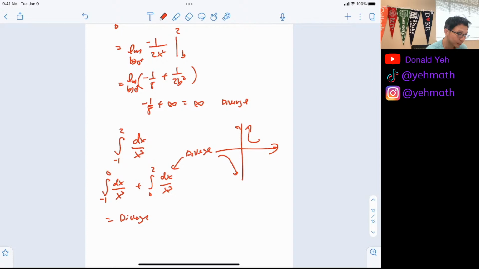Well, what if the one on the left is negative? What if negative 1 to 0 is negative? These are integrals, I don't think the answer will ever be negative infinity. No, you can have negative infinity. If it's negative infinity, it's going to diverge.